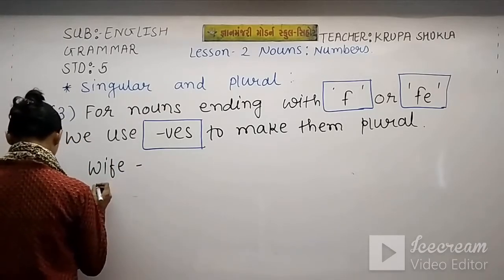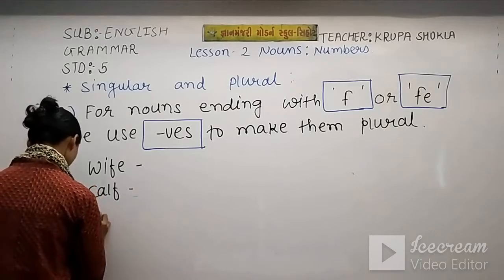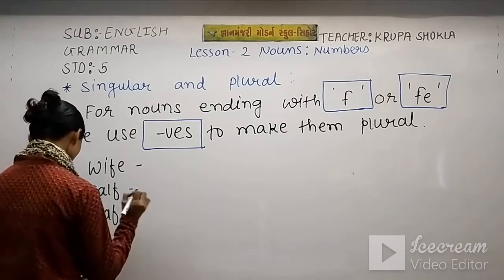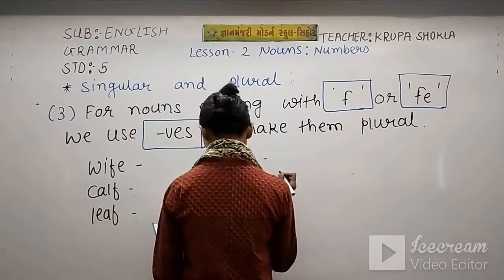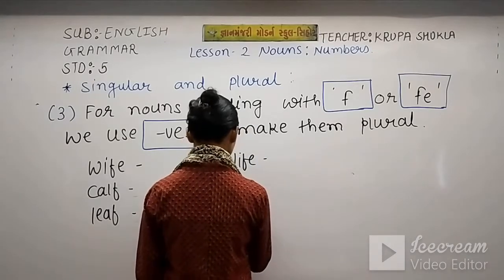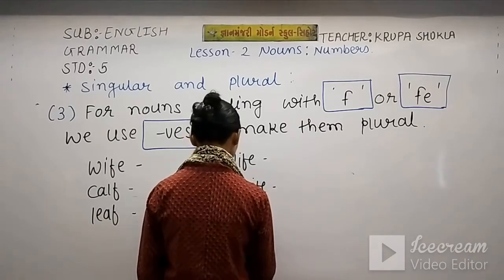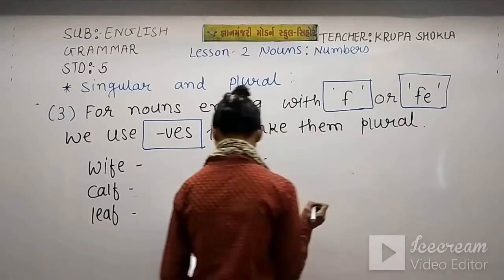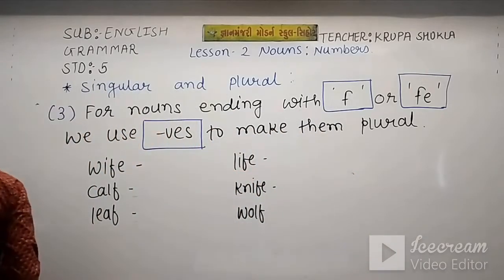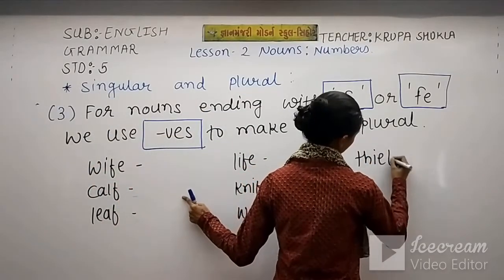Wife, calf, leaf, life, knife, wolf, and the last one is thief.